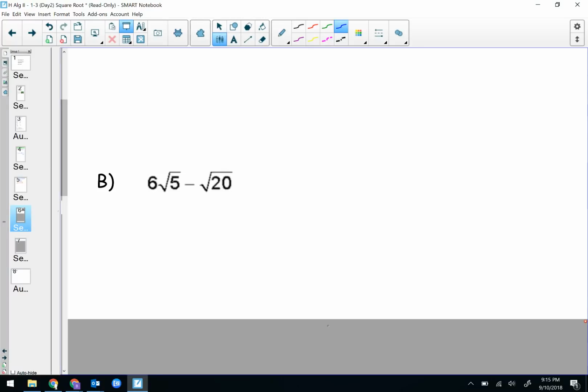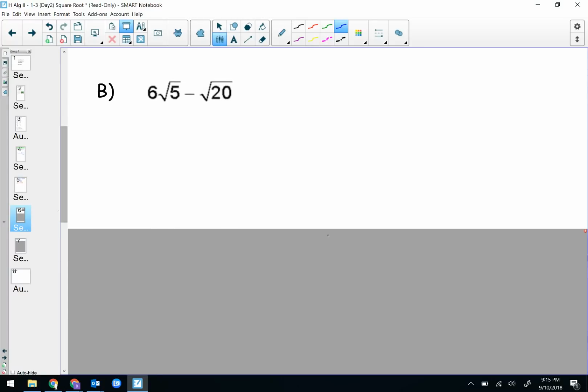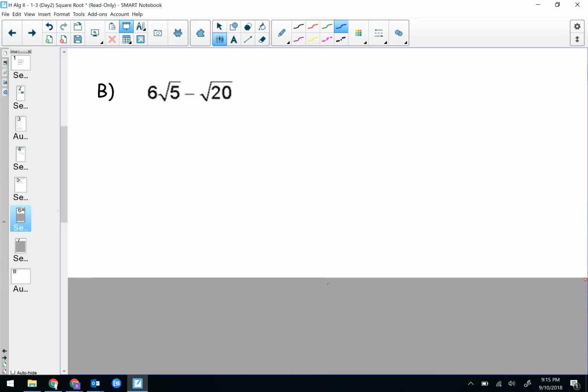I've got 6 radical 5 minus radical 20. First instinct might be to think that these aren't combinable. Again, combinable, I don't know if that's a real word. It makes it seem like I might not be able to combine these. But take a look here. Can't I simplify that down? Isn't radical 20 just 4 times 5?